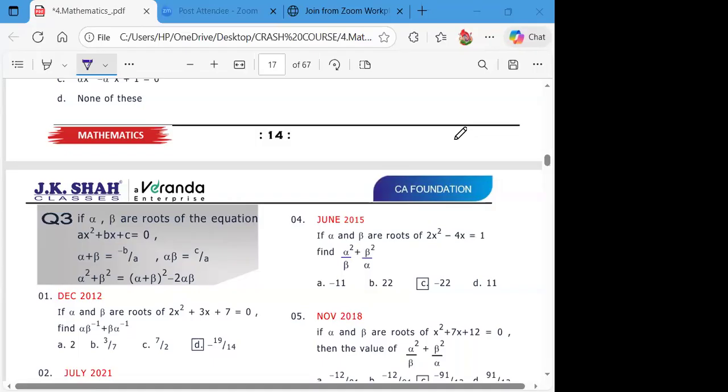Next, if discriminant is less than 0, roots will be imaginary.